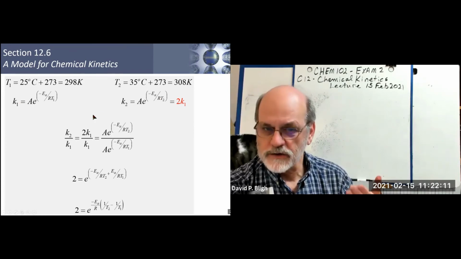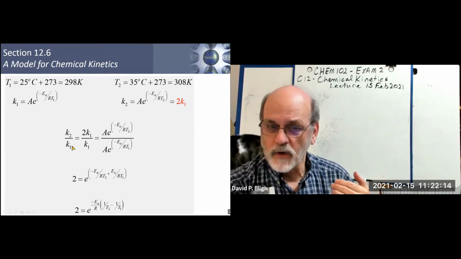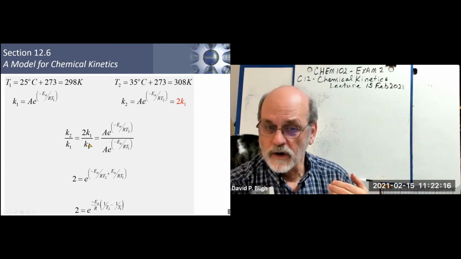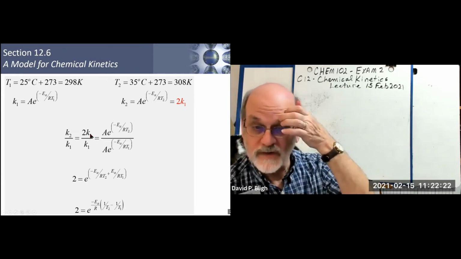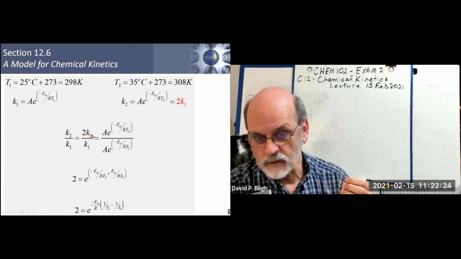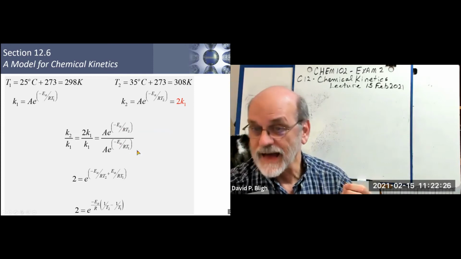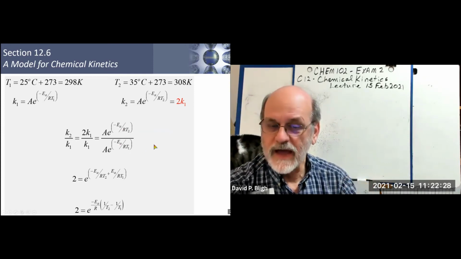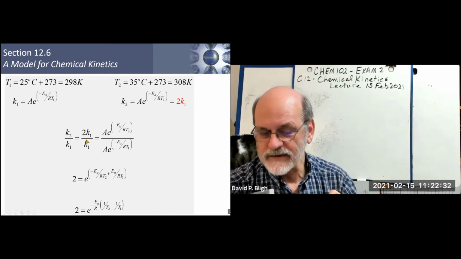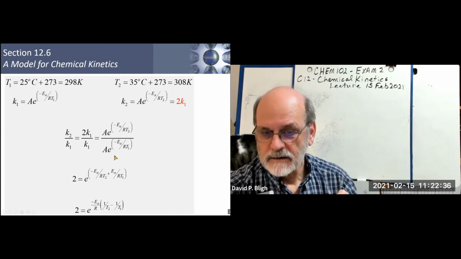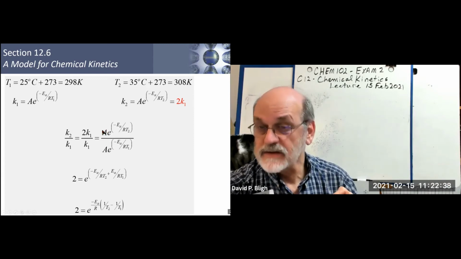So if we ratio the two, k2 divided by k1 is equal to 2k1 over k1, right? Because that's what they're equal to. And then what are these equal to? Well, this one is equal to that, and this one's equal to that. So now we have an equation that we can solve, right? So these k's cancel out, it leaves you with 2. And these A's cancel out.